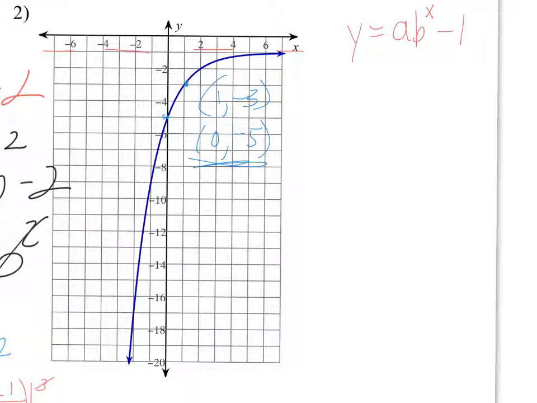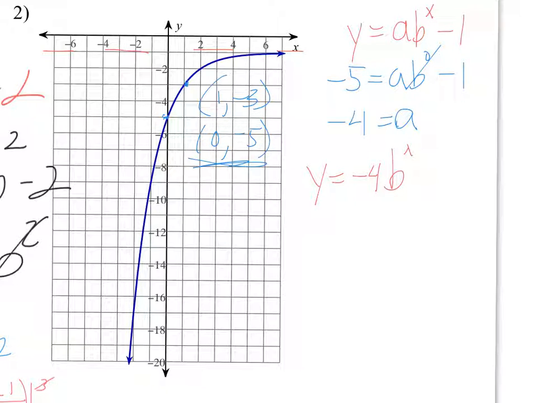Let's go for this one first. So -5 is equal to a b to the 0 minus 1. b to the 0 is 1. I'm going to add 1 to both sides, and I get -4 is equal to a. Let's plug that in. So y is equal to -4 b to the x minus 1.